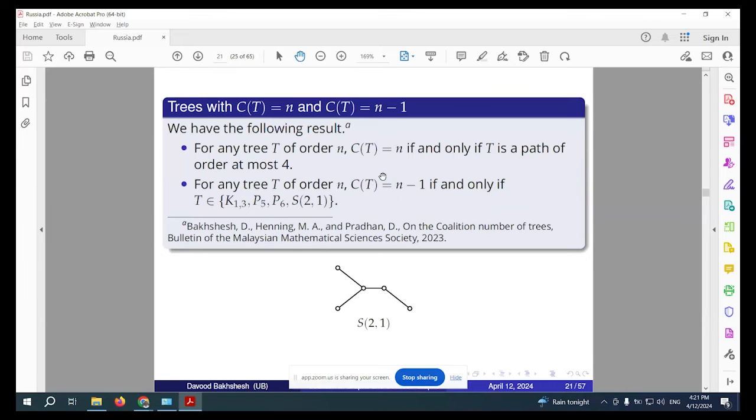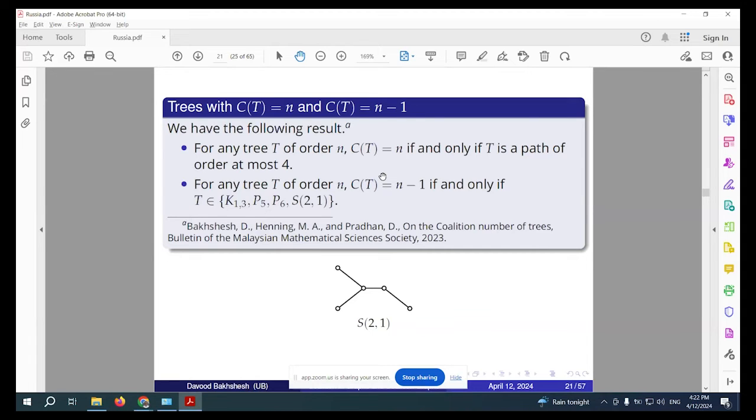Now we present some results about trees. We characterize all trees T with coalition number equal to n, where n is the order of T, and trees with coalition number equal to n minus 1. The result is that for any tree T of order n, C(T) is equal to n if and only if T is a path of order at most 4.